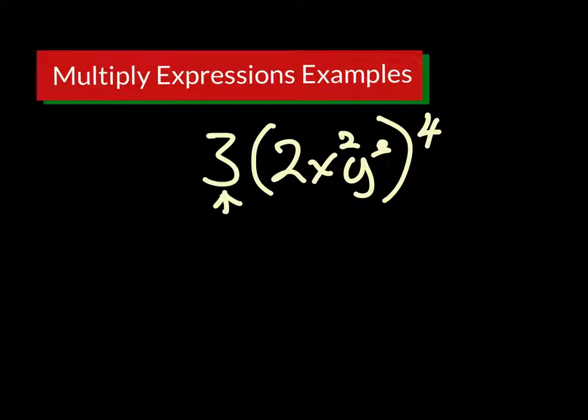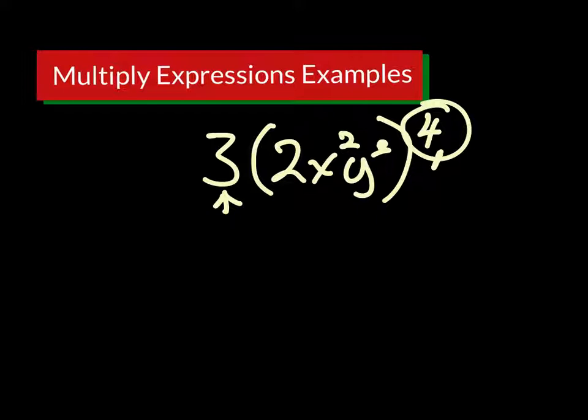But before we can multiply 3 times everything inside the brackets, following the distributive law, we have to deal with this power of 4. Now, if you remember, we said that to simplify a power whose base is a power, what we do is multiply the exponents, which means if we have a power outside the brackets, so in this case 4, we can multiply it by all the powers inside the brackets.